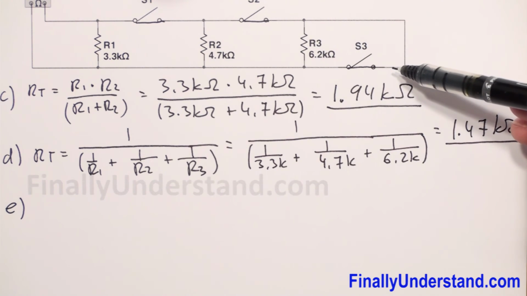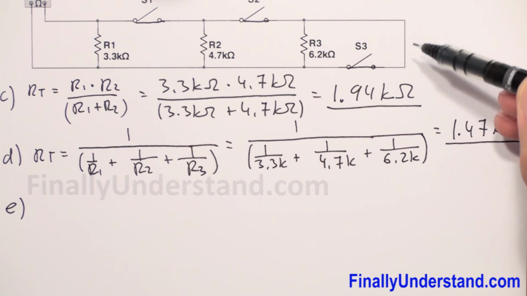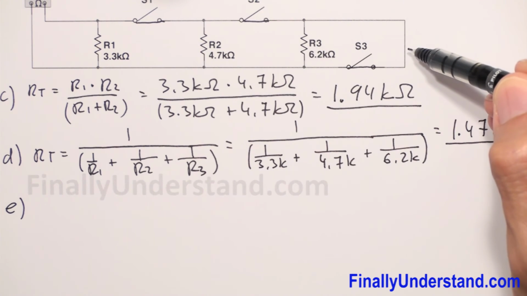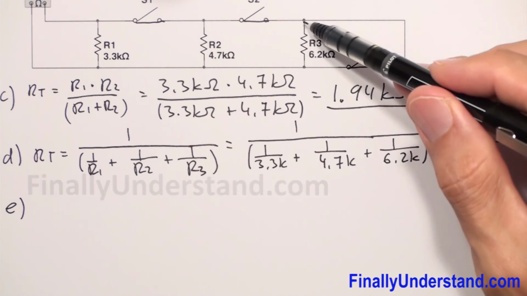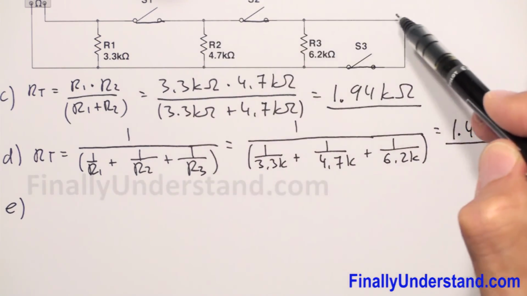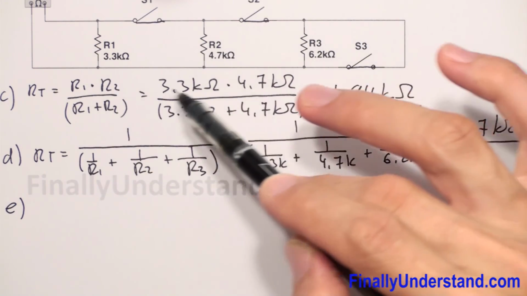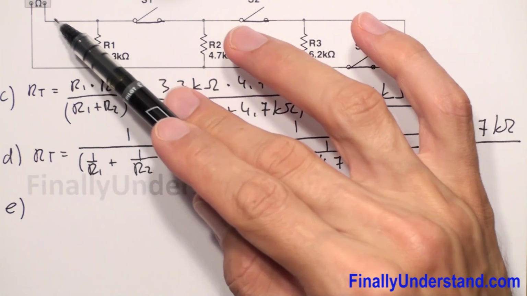Please notice that in this section we have no resistor. We have just a piece of wire which simply connects the positive terminal of my ohmmeter with the negative directly.